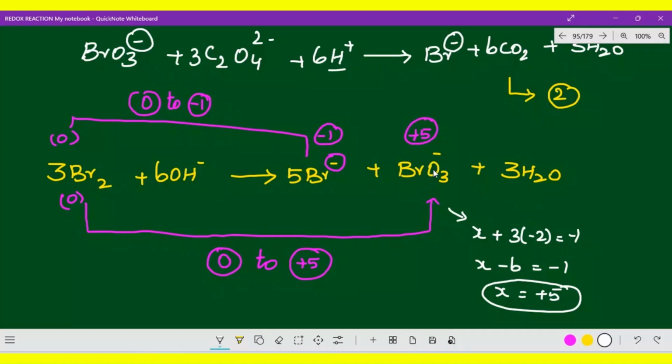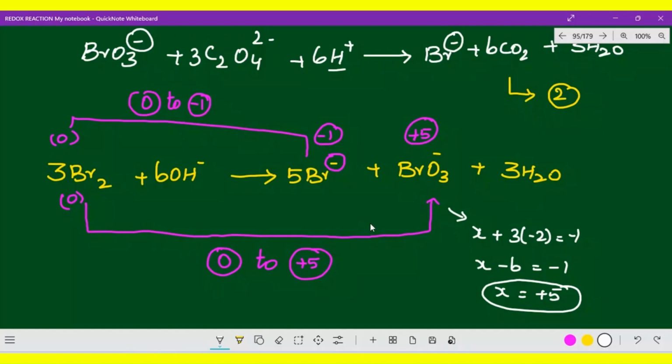And in the same way, BrO3 minus. Now here the oxidation state goes from 0 to +5. Let me show how to find out that oxidation state: x plus three oxygen atoms, 3 into -2, equal to -1. So you will get +5 oxidation state. So 0 to +5: higher oxidation and lower reduced state.